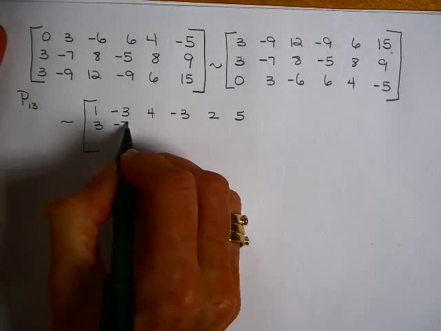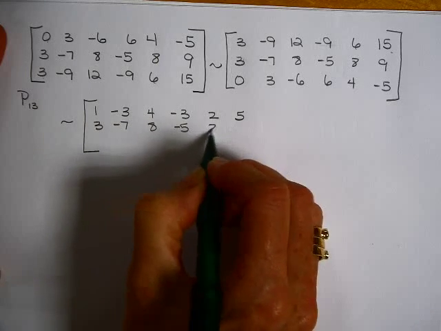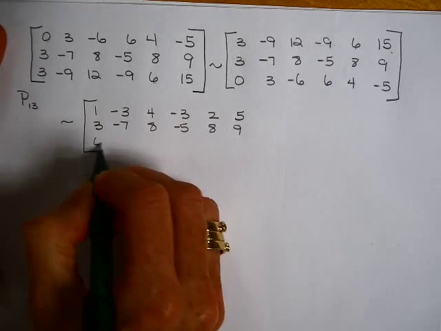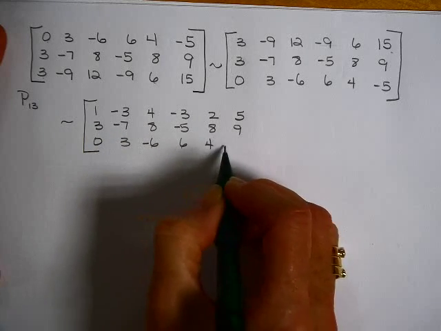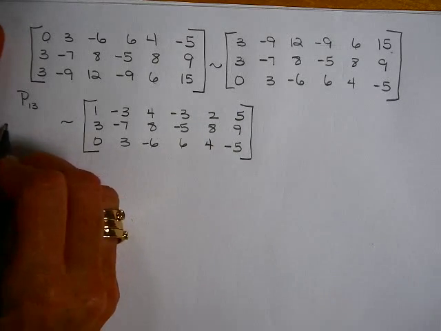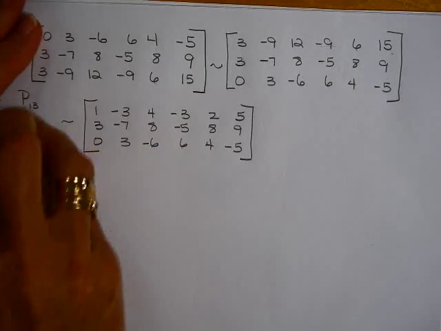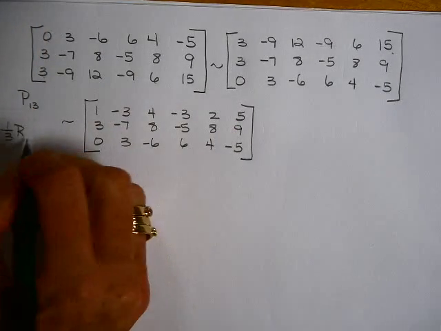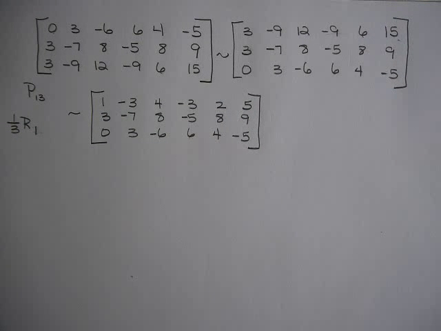Then 3, negative 7, 8, negative 5, 8, 9, and 0, 3, negative 6, 6, 4, and negative 5. All I did was multiply 1/3 times row 1. So far I've permuted and multiplied 1/3 times row 1.